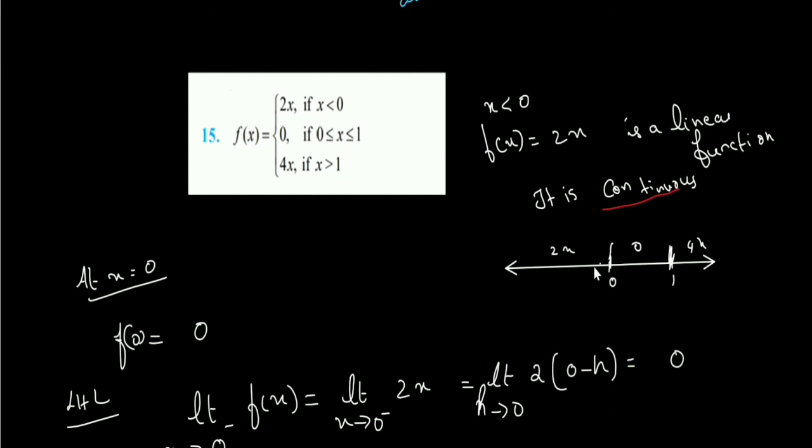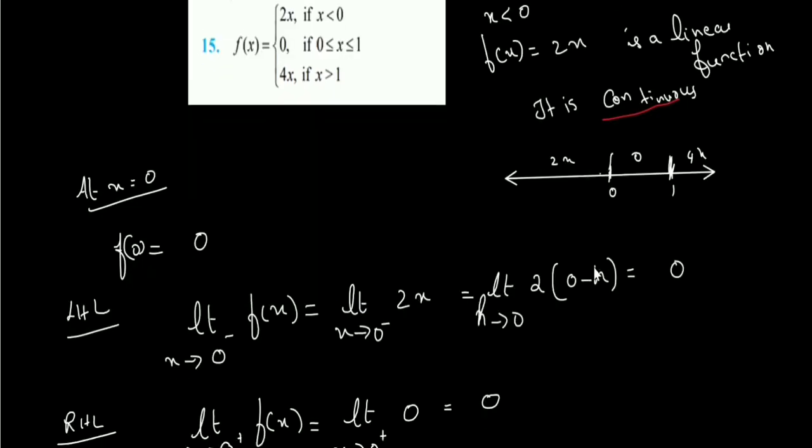Now we have to find the left limit. How do you find the left limit? There is a variable x here. Left of 0, it is 2x. Left of 0 means 0 minus, that is, you substitute x as 0 minus h.